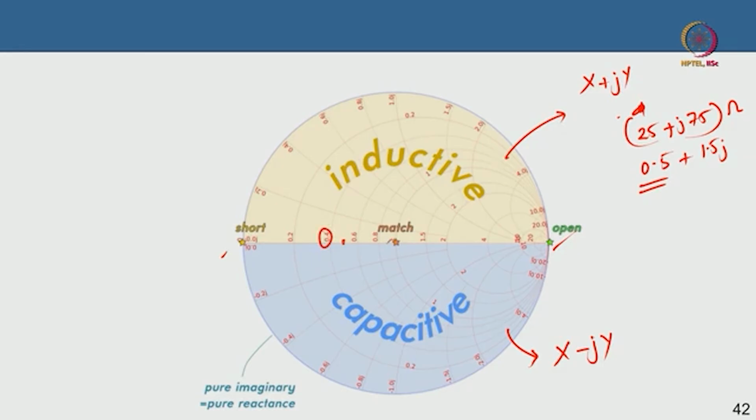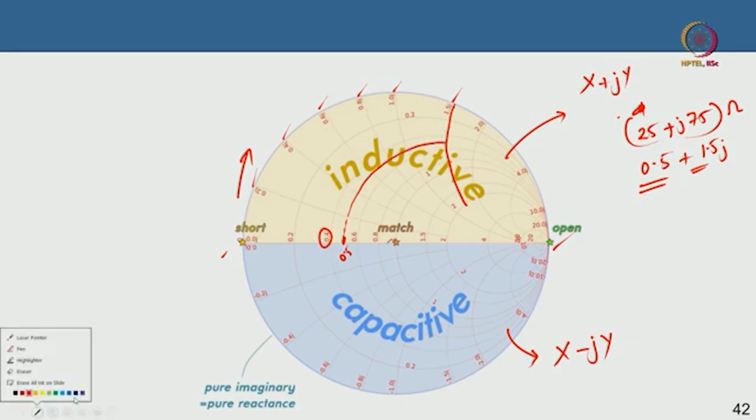And now it is plus, so you have to go top 1.5. Where is 1.5? You see this 0.2, 0.4, 0.6, 0.8, 1, 1.5. So this line is your 1.5. You take this value 0.5 and you go like that. This point is your 25 plus j 75, 0.5 plus 1.5.